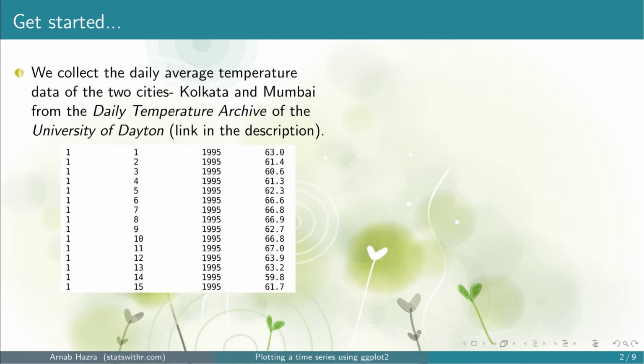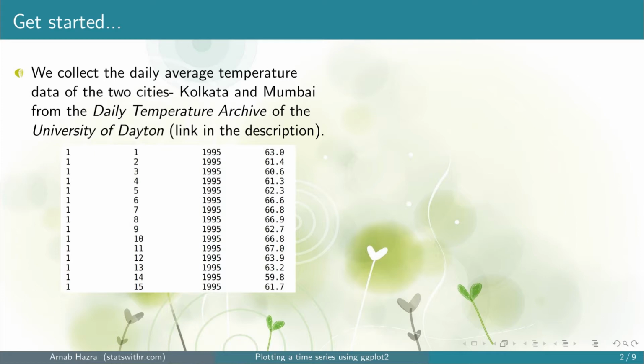Here you can see the row and columns of the time series of Kolkata. I hope everyone is pretty familiar with a dataset like this. A few things to note here are: the first column represents the month, the second column represents the days, and the third column represents the years.